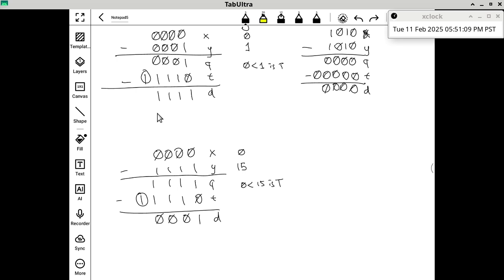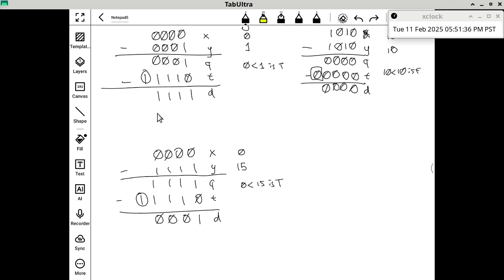Very exciting. It's 10 minus 10 from the unsigned perspective, and 10 is less than 10 is false. So T4 does correctly indicate that 10 is not less than 10.